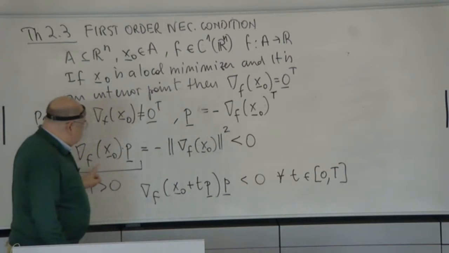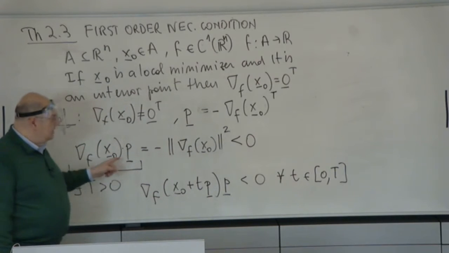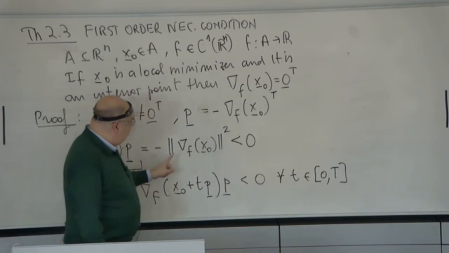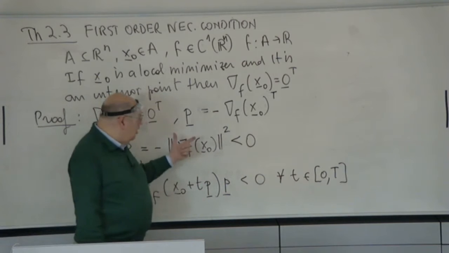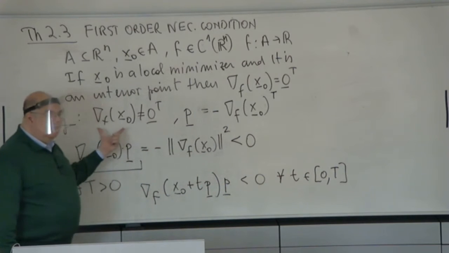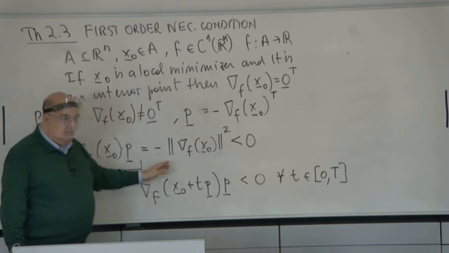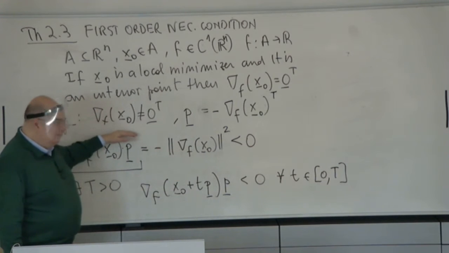Then we compute the inner product of the gradient times p, which is the gradient times the negative gradient, so we get the negative norm of the gradient. And this is, by definition, negative because we assume that the gradient of f is not zero. Otherwise, this could be zero. That's the way we are working, because we are working by contradiction.